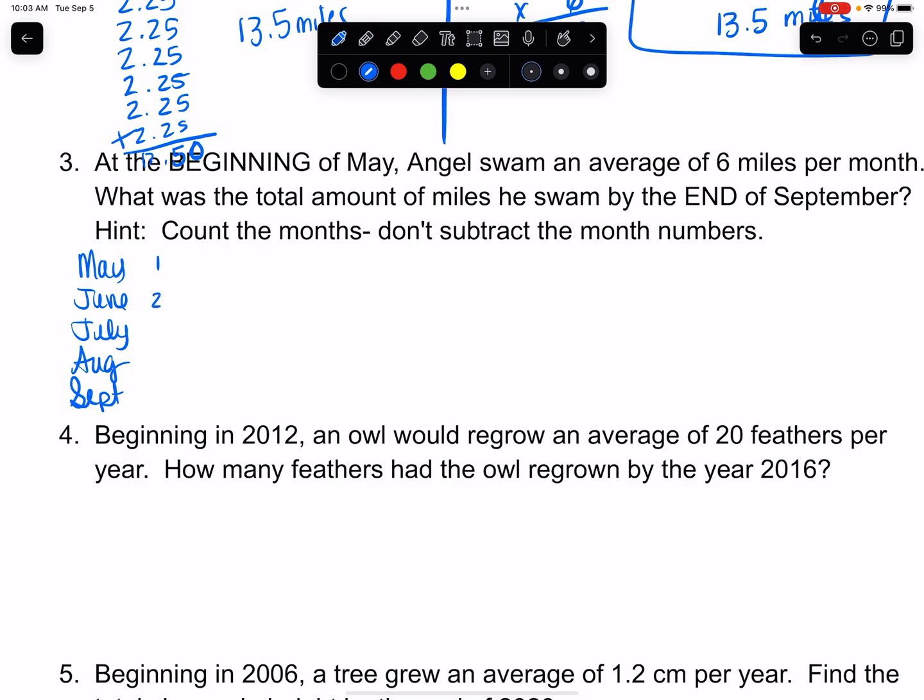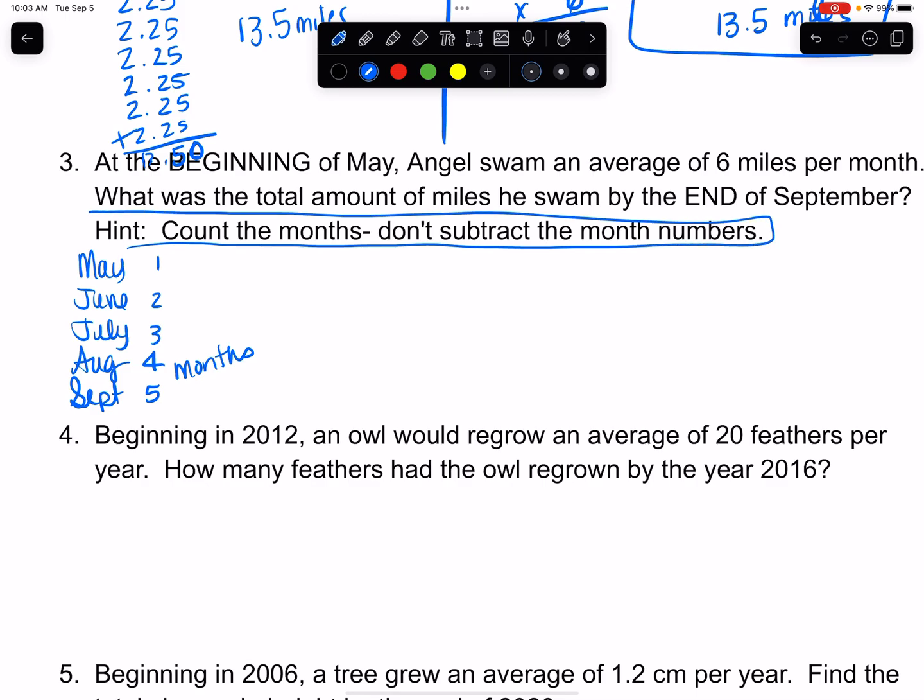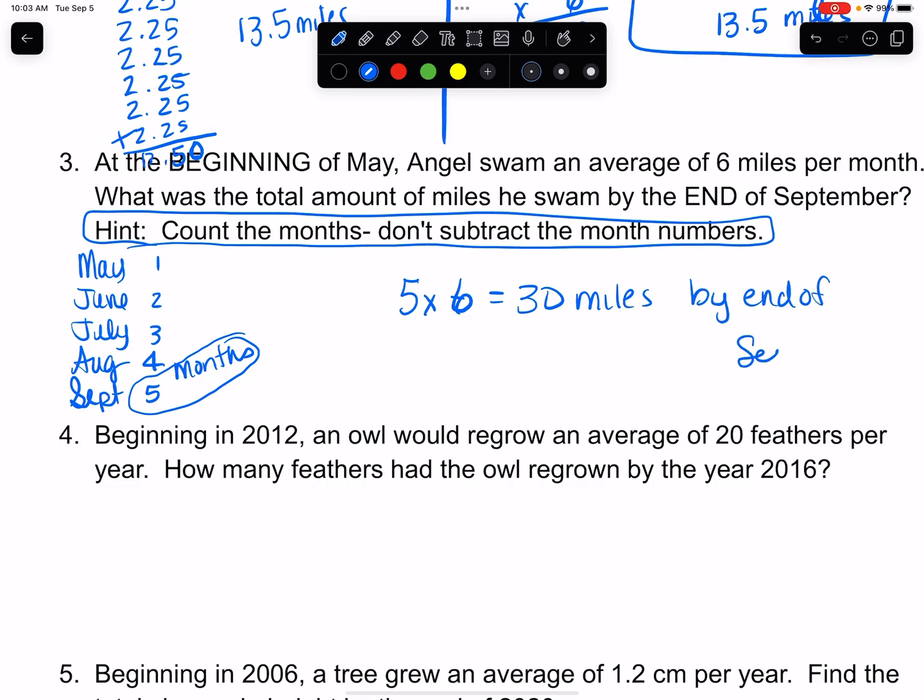So that's 1, 2, 3, 4, 5 months. And look, it gave me a hint, right? Count the months. Don't just do 5 minus 9 or 9 minus 5. So 5 months, he swam 6 miles. So that would be 5 times 6 equals 30 miles by end of September.